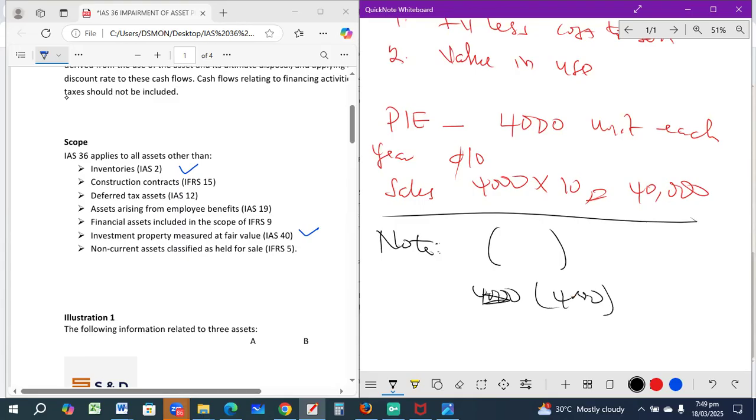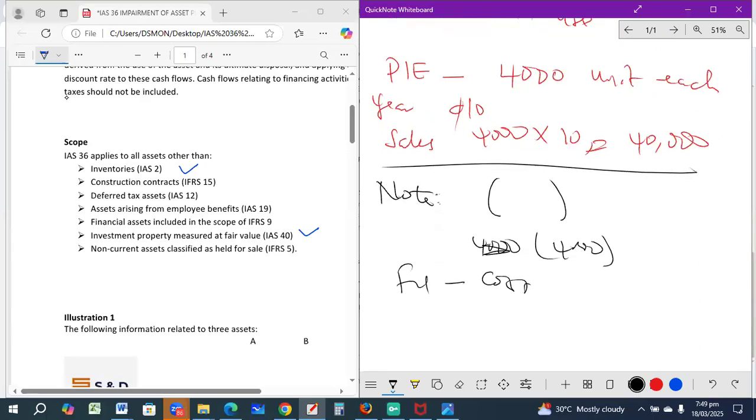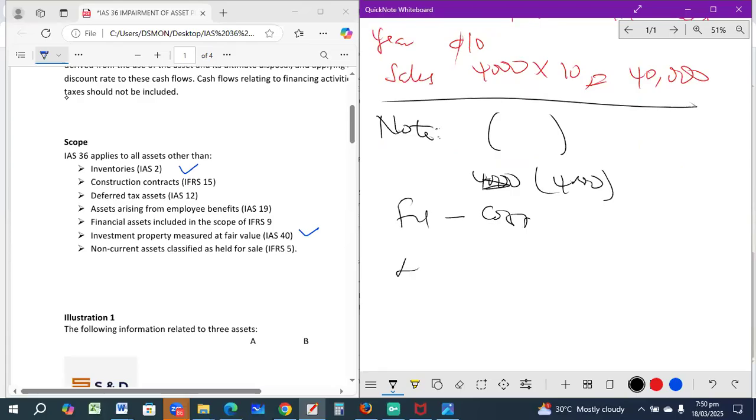Please, where the cost to sell is in the bracket, the assumption is that the 4,000 had already been taken care of. We said it will be fair value less cost to sell. So if we can sell this asset at 40,000, but there will be a direct cost of 10,000 in order to realize this sale, then the fair value less cost to sell is equal to 30,000.